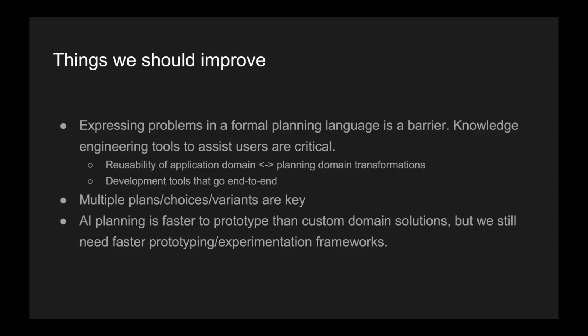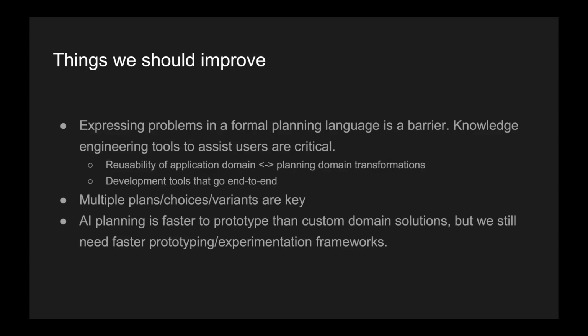I'm thinking you need something like Jupyter notebooks for planning, right? Where I can very easily go from an application domain to a final result with basically zero risk. Obviously you don't run Jupyter notebooks in production on petabytes of data, but leaving that aside, it's an extremely good tool for experimentation.